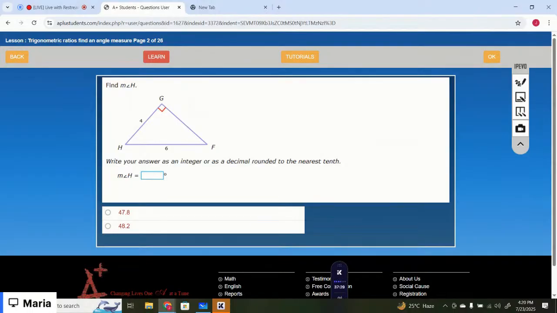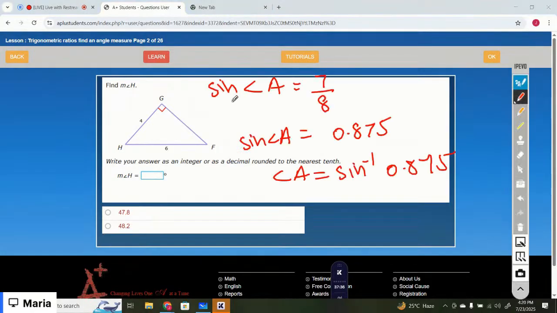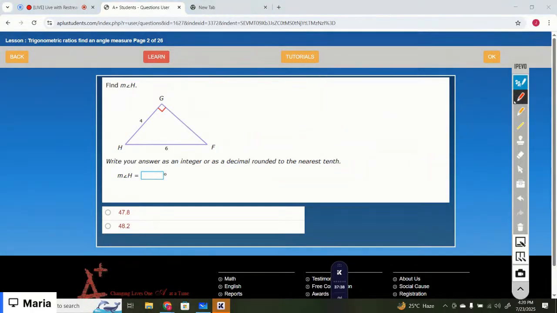Find the measurement of angle H. We can go for cos of angle H. That is 4 over 6.